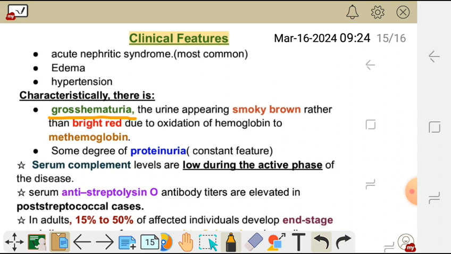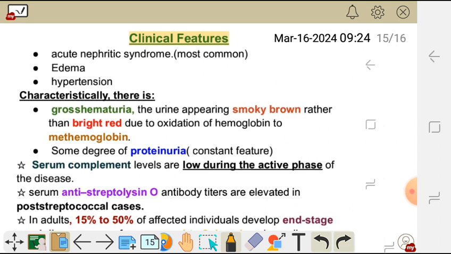So since this is a nephritic syndrome, we're also going to have loss of red blood cells in urine, and the urine here is going to be smoky brown. Why? Because of oxidation of hemoglobin. So instead of the urine appearing bright red, it is going to be smoky brown.